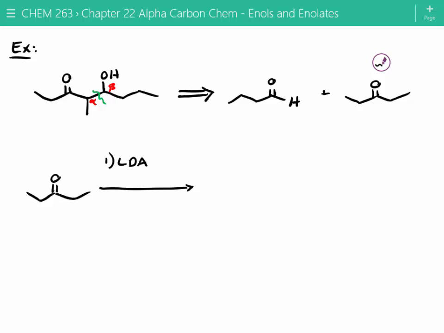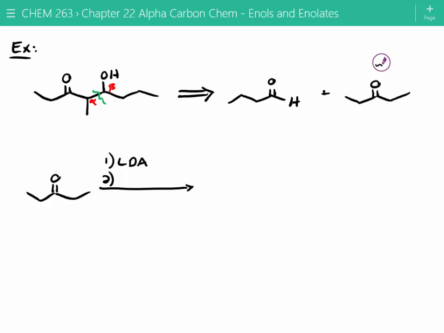And then the next step, once we've got our enolate, will be what? Nope, we've already made our enolate. We don't need to add more base. Yeah, just add the other aldehyde, right?